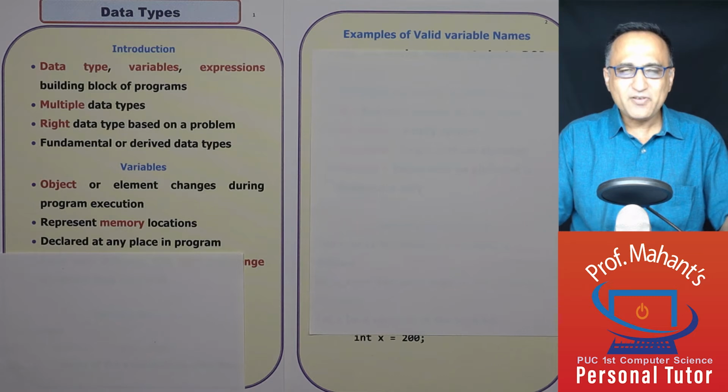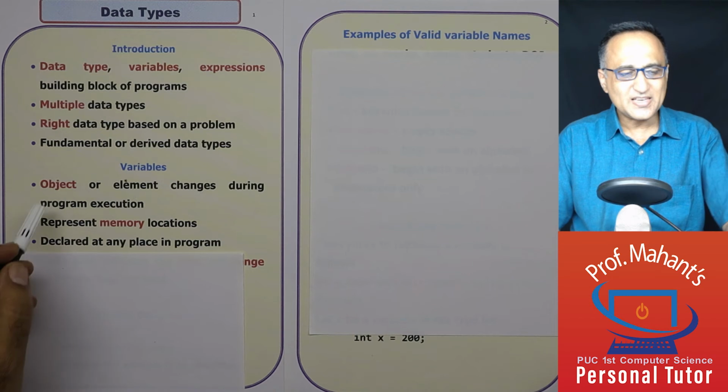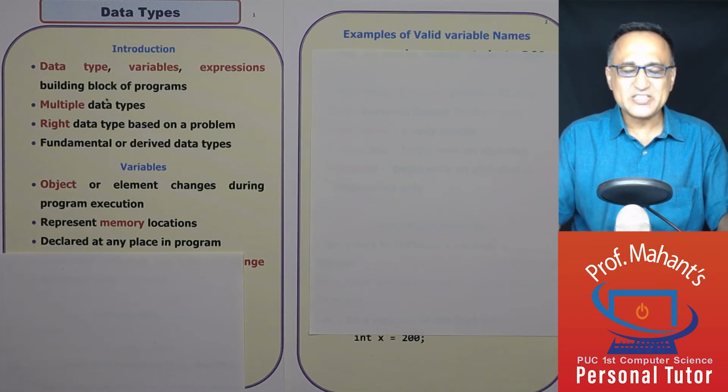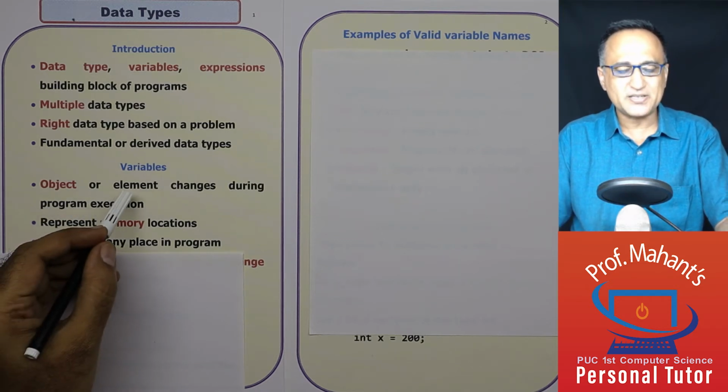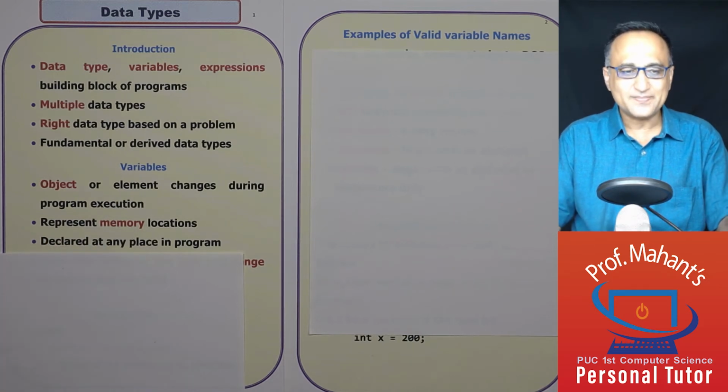Anything which exists in programming, like the name of a function or the name of a variable, is known as an object. Object is a general name for variables, functions. Pretty much even programs can be called program objects and so on. So an object is nothing but an element or a thing.